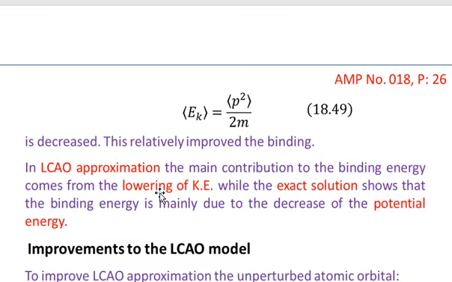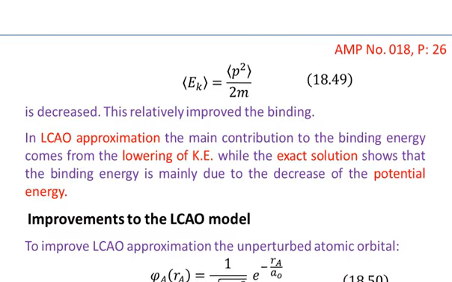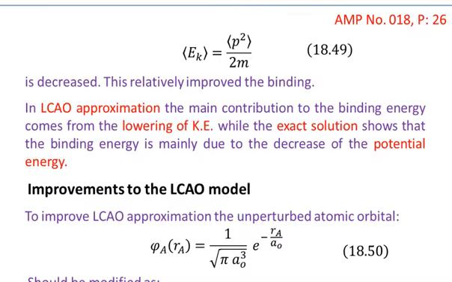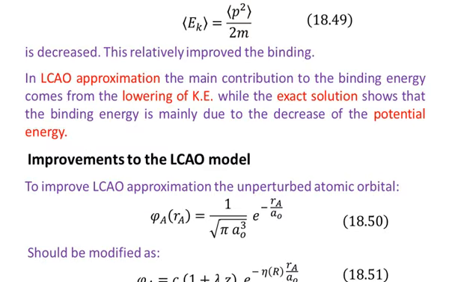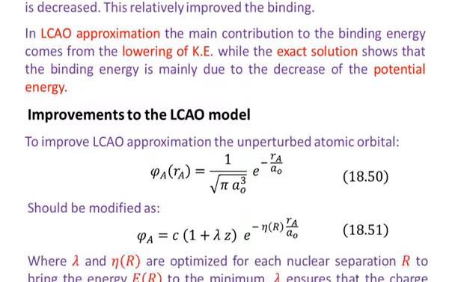So here in the first, I have said lowering of kinetic energy, that is the decrease in kinetic energy, and following the exact solution, I have found that the decrease in potential energy is responsible for the binding energy of the system. So it means that the LCAO approximation would require improvement so that it can match the interpretations given by the exact solutions.